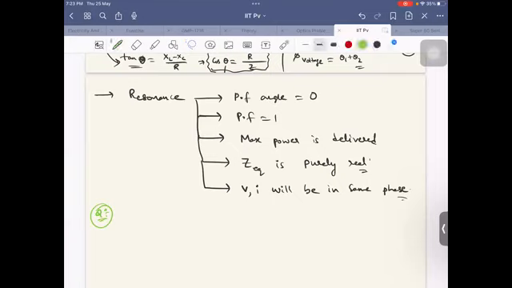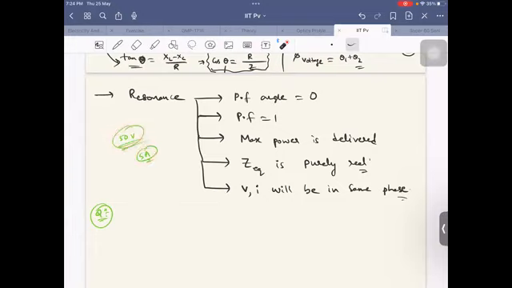In the questions, they'll tell the voltage is 50 volts and the current is 5 ampere. When they tell like this, wherever there's a question based on alternating current, remember all these things are RMS values.